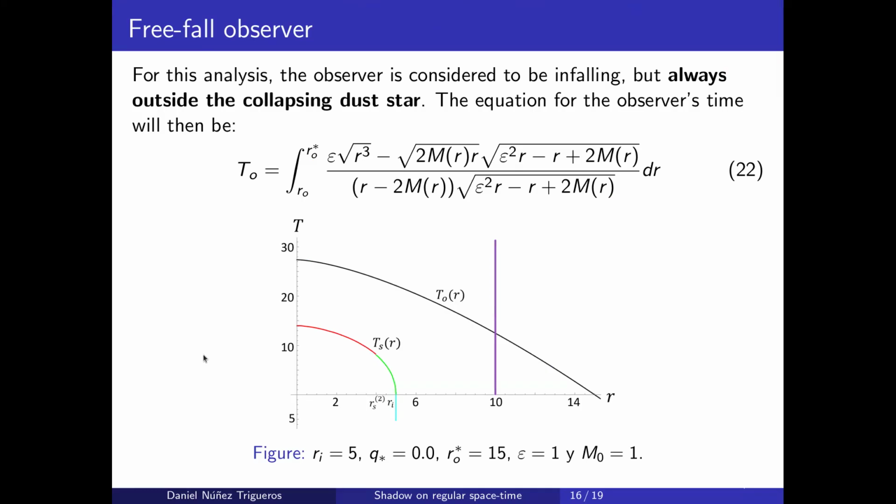So just to illustrate it, here we have the collapse of the star, the surface of the star. Here we have the static observer at a radius of 10. And the trajectory of our free-falling observer. In our work, we didn't consider the case when the observer could enter the star. So at all times, it is outside and a little far.